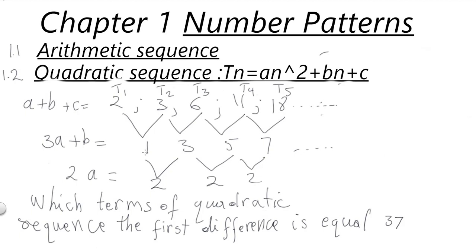So they say there is a first difference which is 37, between Tn and Tn minus 1, or let's say this is Tn and this will be Tn plus 1. So we want to know which term the first difference will be 37.